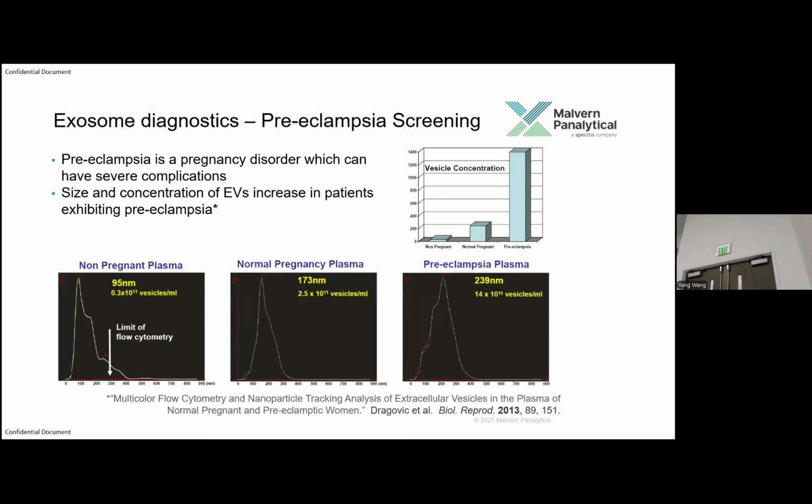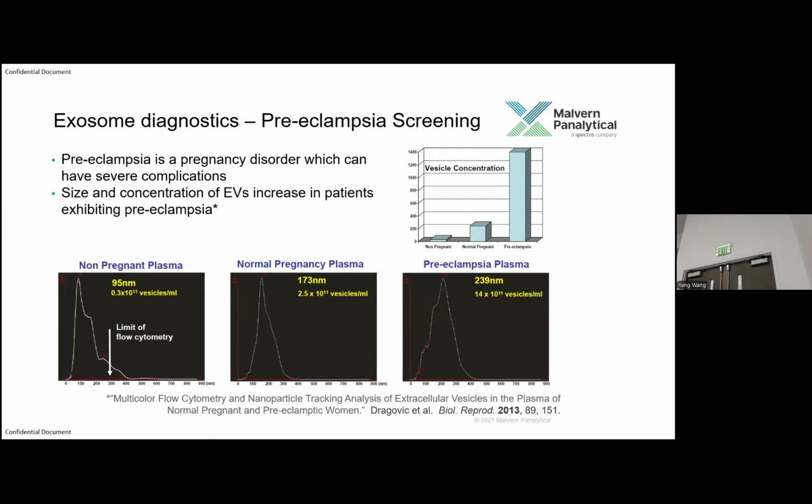So, some examples. There's a lot of different examples, and I know everyone's research is different, but this is just a taste of the data that you get. Exosomes are a very big field for NanoSight users, and exosomes are often used to identify diseases. Here's an example where a non-pregnant patient has very minimal concentrations of exosomes.